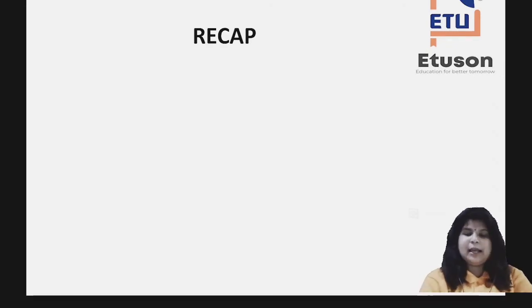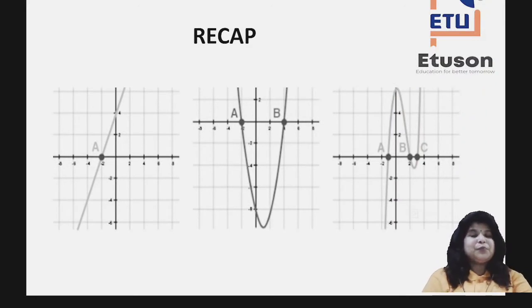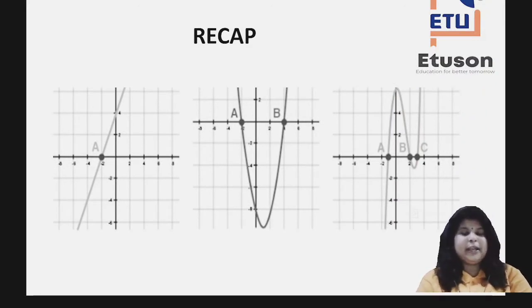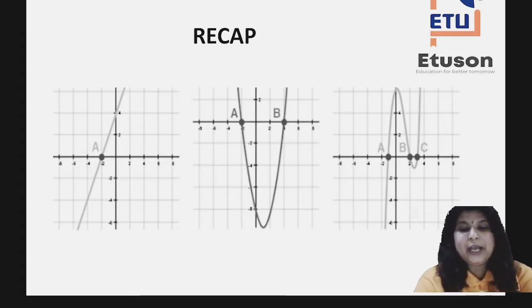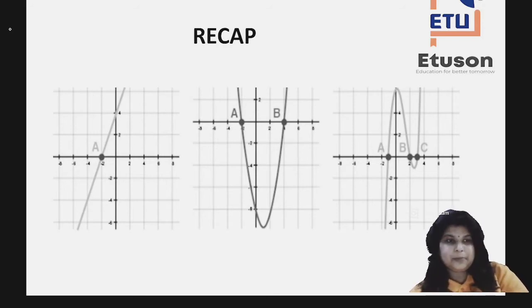Before that, let me remind you what we have studied in the previous class. If you remember, we have plotted graphs for different kinds of polynomials. The first graph represents a linear polynomial or linear equation.